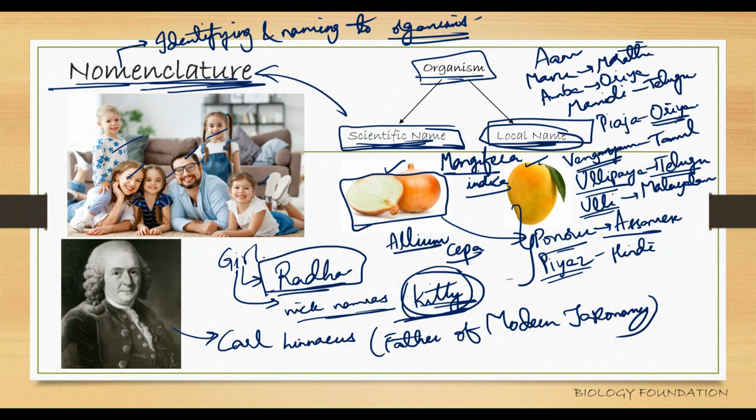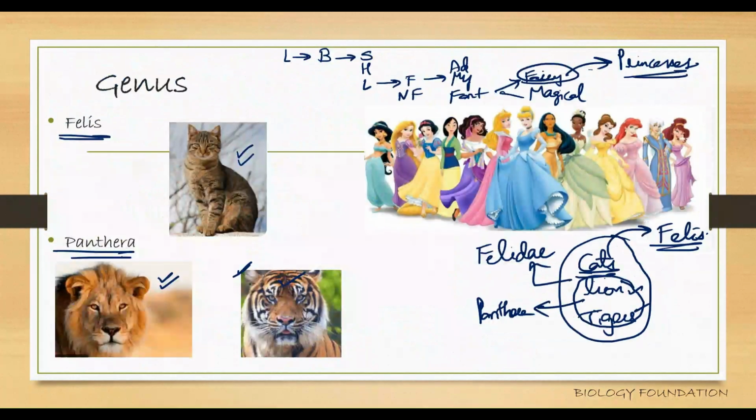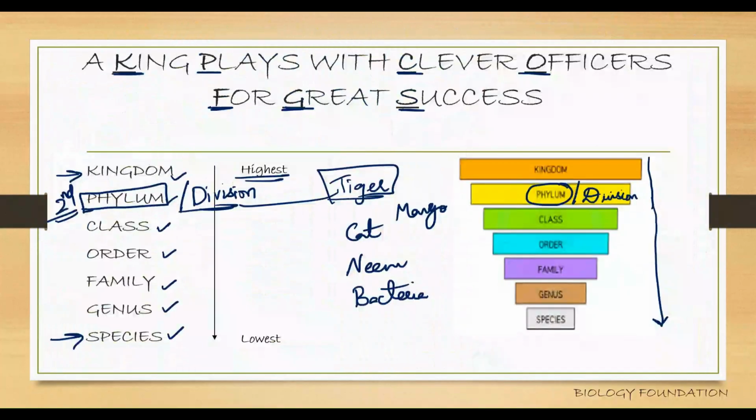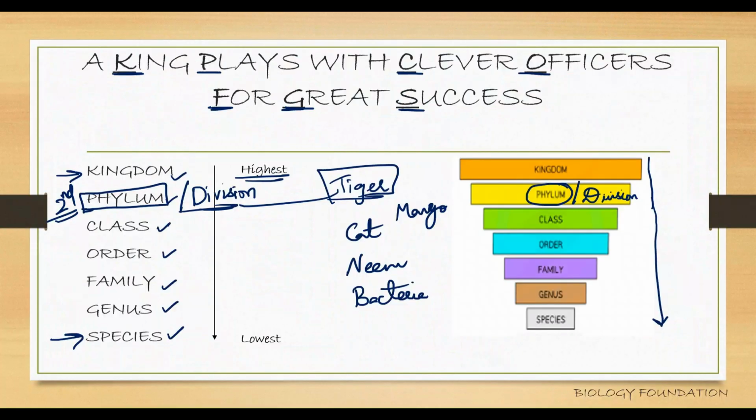So, in today's class, what did we discuss? We started with the modern system of classification or the hierarchical system of classification, where each organism is kept under different ranks, starting from kingdom to species.